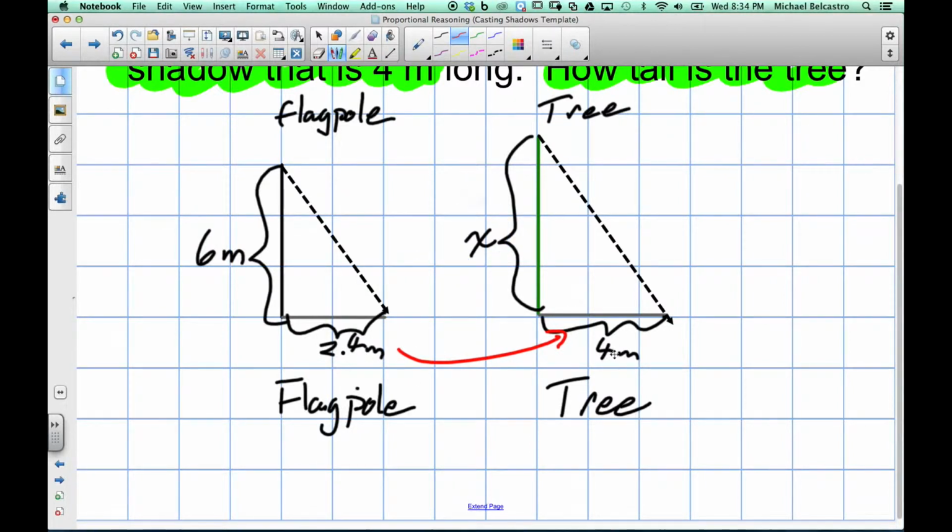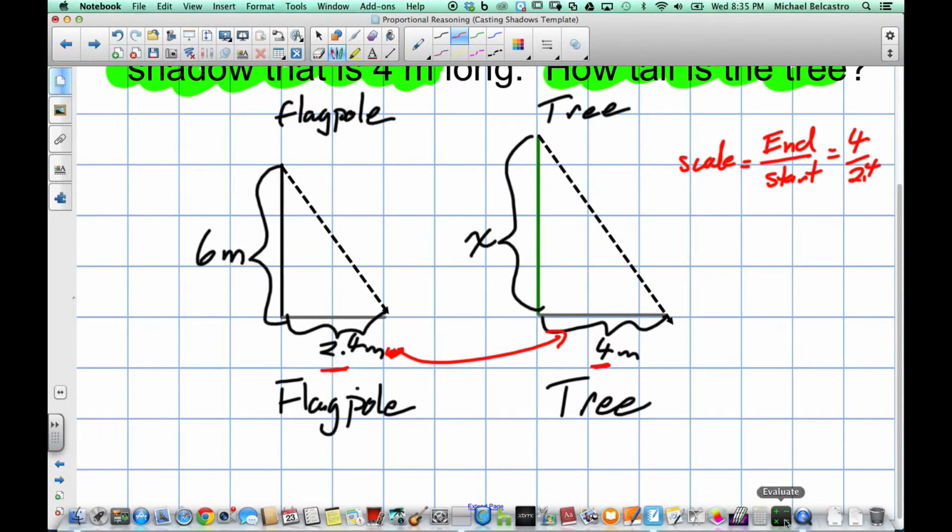A way we can figure this out is take the larger value, or the number we're going to, and divide it by the number we start from. So we take our end value and divide by our start. In which case that would be 4 over 2.4, and this will give us our scale. For our scale here, we use our calculator.